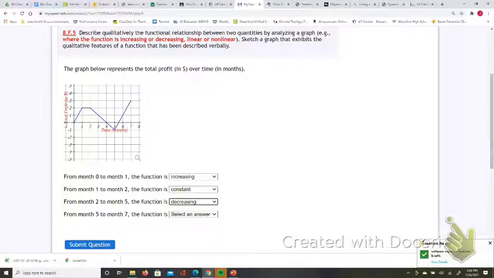And then from month 5 to month 7, it's increasing again. And then we submit.